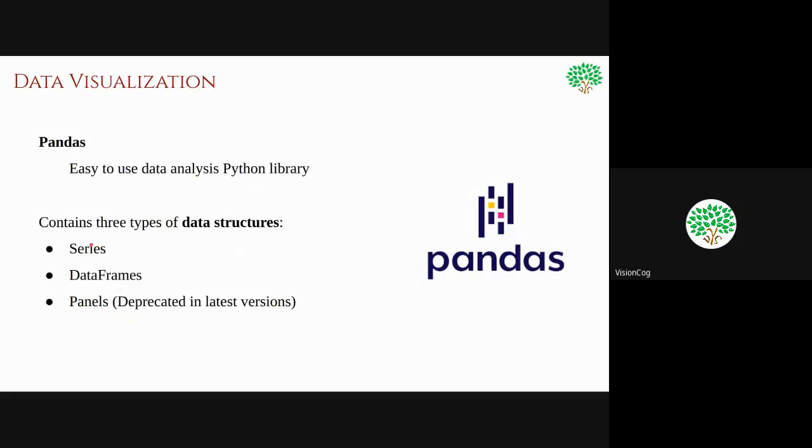We said that series is a one-dimensional data structure, data frame is a two-dimensional data structure, and panel is considered to be a three-dimensional data structure. But since that is least used in the machine learning community, they extended the data frame. If you need to handle a three-dimensional data structure, the data frame can also accommodate that. That's how they currently maintain only these two data structures and discarded the panel.